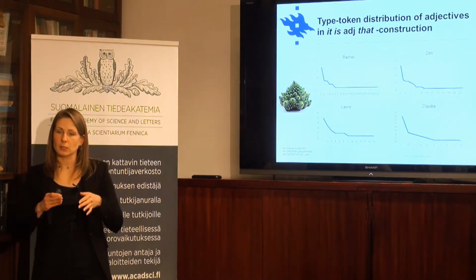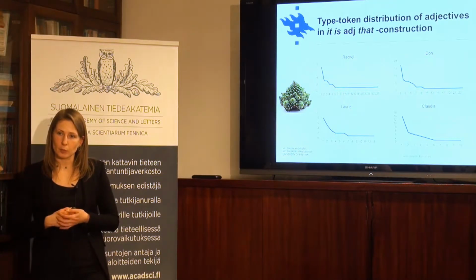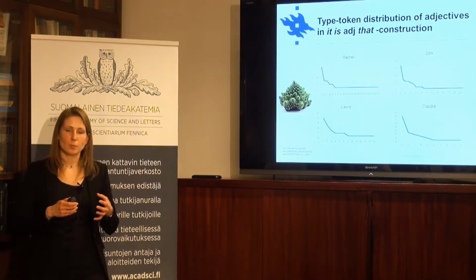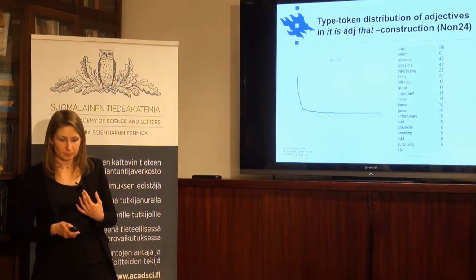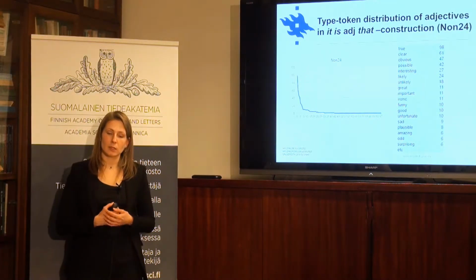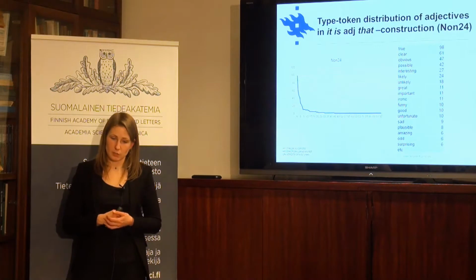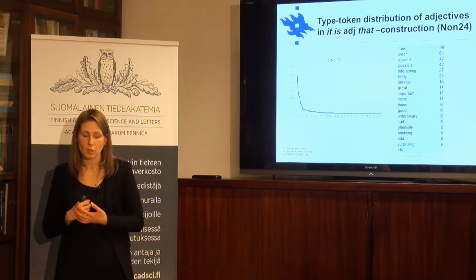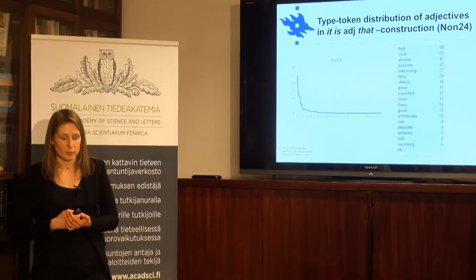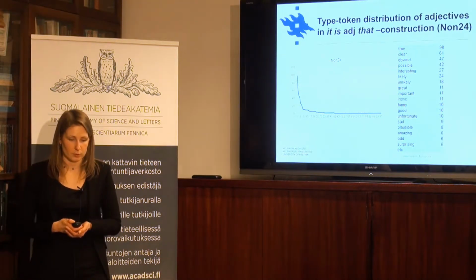So when you split up language into several parts, each part can be described by a Zipfian distribution. And if we look at the distribution of adjectives in the same construction at the communal level, we again get the same distribution, that some adjectives are very frequent, and then there is a long tail of one-off occurrences.